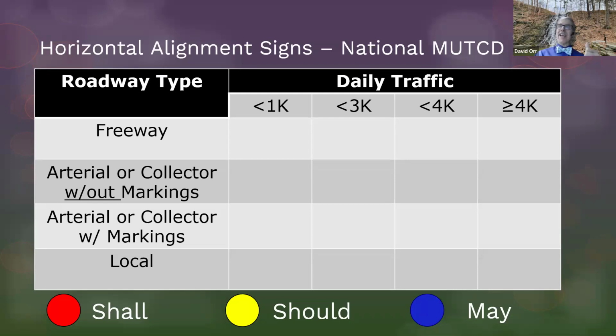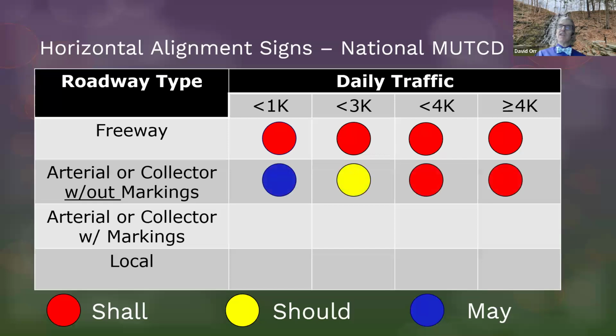For freeways, any curve that requires a change in alignment of more than a given amount, you shall put up signs. So you have to have signs up to mark every curve on a freeway. That makes sense. Arterials and collectors without markings, they only made it a requirement for high volume, above 3,000 to 4,000 and above 4,000, you have to have them.